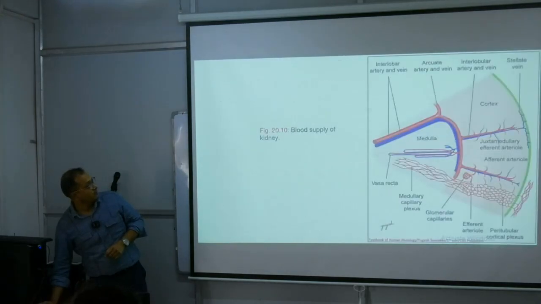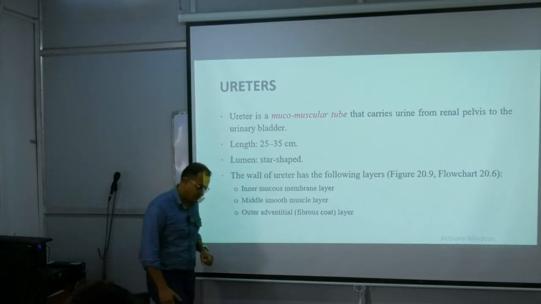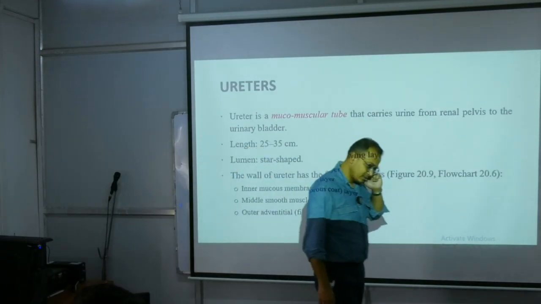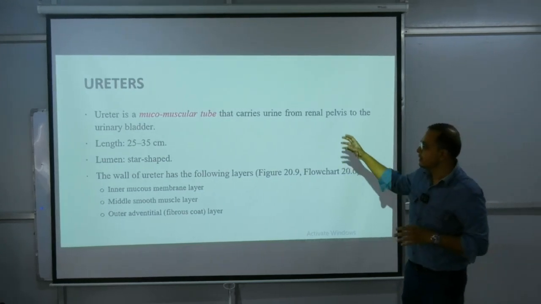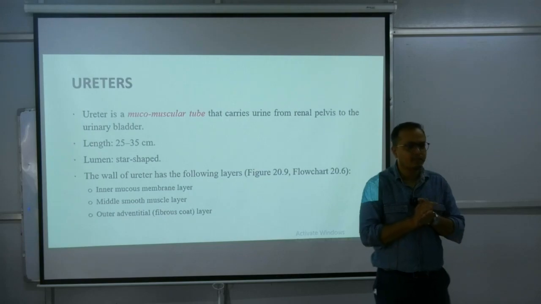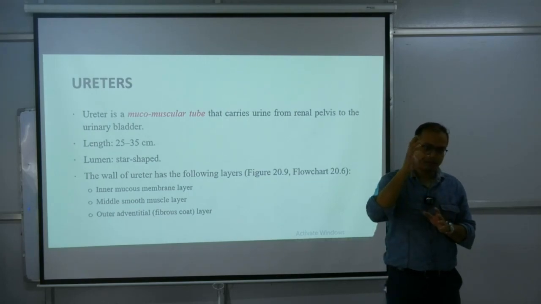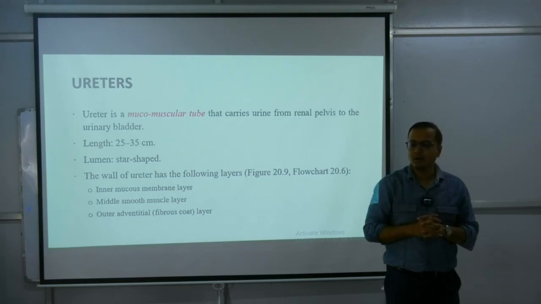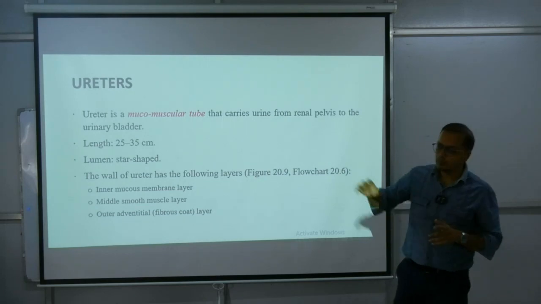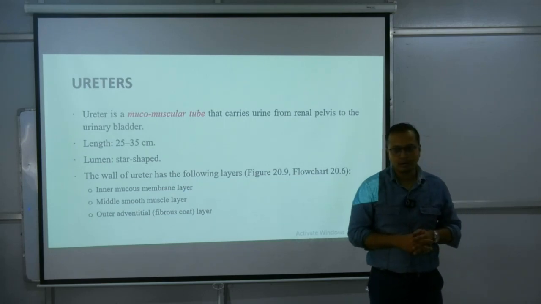Now we are moving to the collecting system of urine, which starts with the urinary bladder and the drainage pipe which drains into the urinary bladder. We call them the ureter. We have the right and left ureter, which carry the urine from the kidney, the production house, and transport it to the reservoir, which is the urinary bladder.